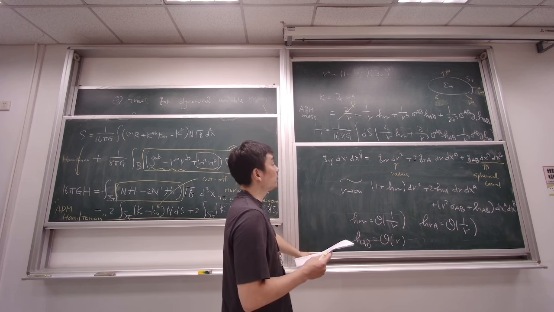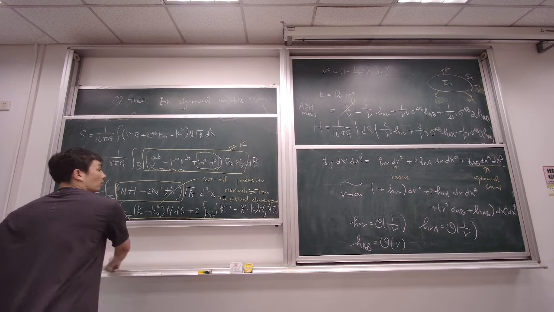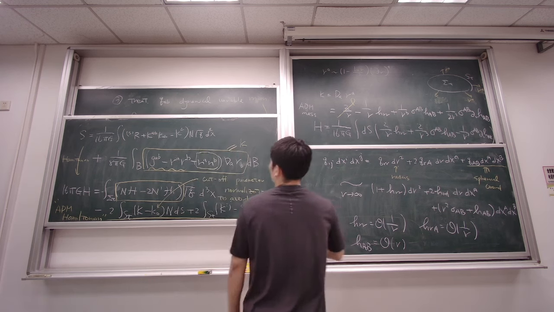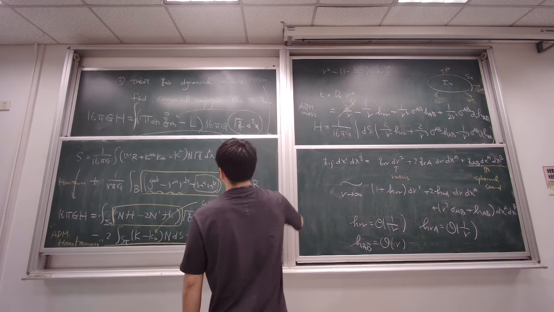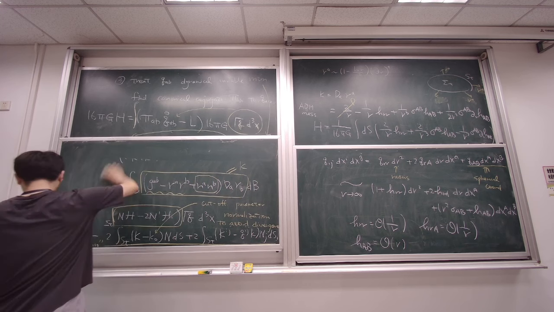Okay, and then let's compare with what we did last time. Last time, what we did was a very naive computation of the ADM mass.